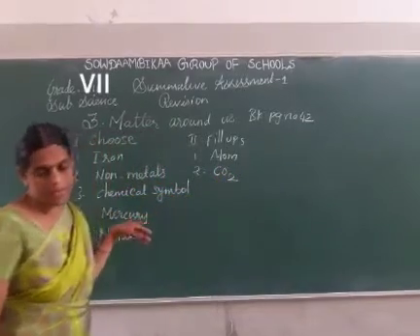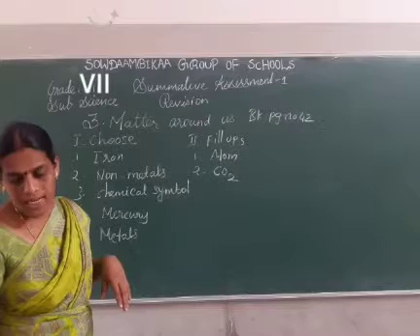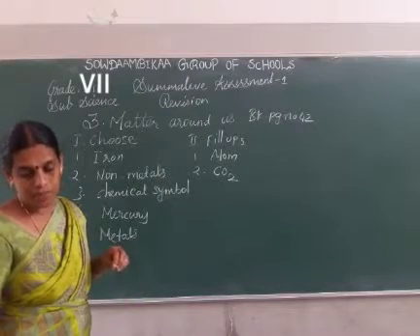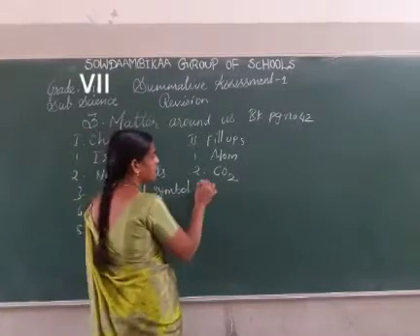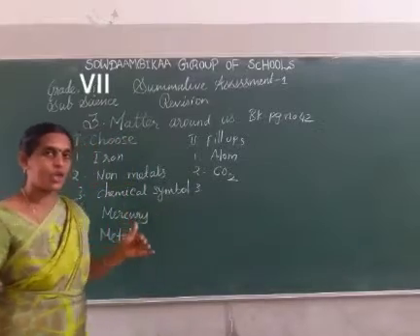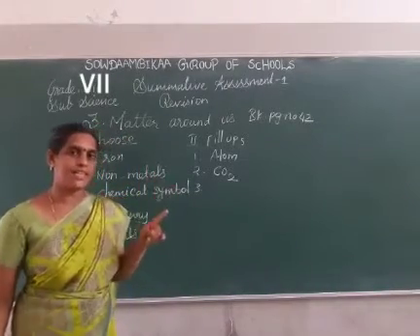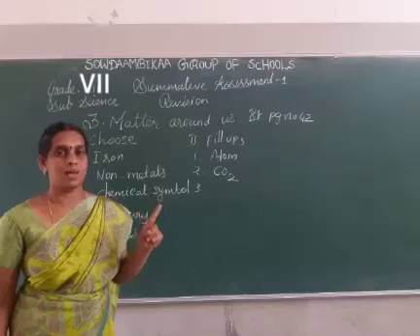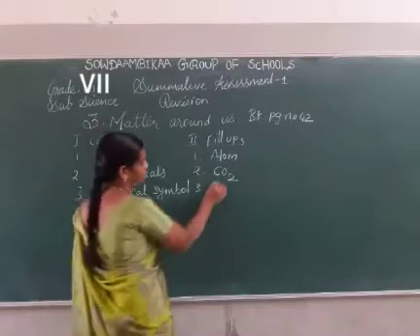So CO2, carbon dioxide. Next, the only non-metal that conducts electricity. Mostly the non-metal is a bad conductor of heat and electricity. But graphite is a non-metal that is a good conductor of electricity. So graphite.